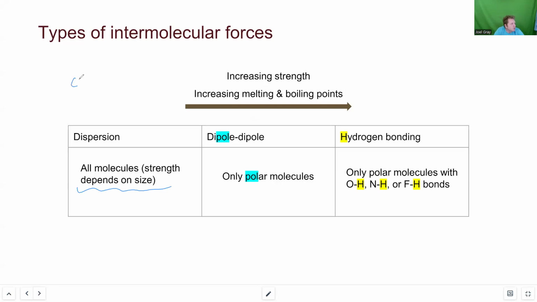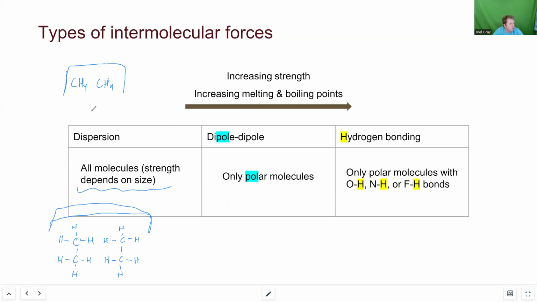So if we had two molecules of CH4, and we also had two copies of a molecule known as C2H6, there are going to be more dispersion forces between these two C2H6 molecules than between the two CH4 molecules.